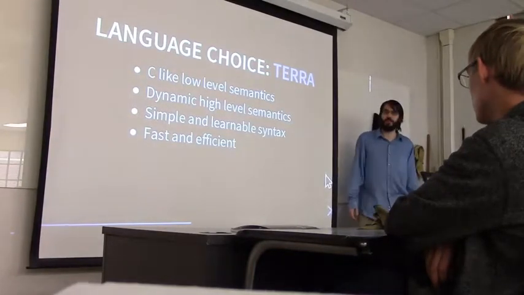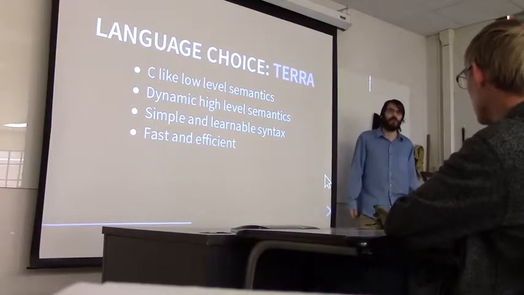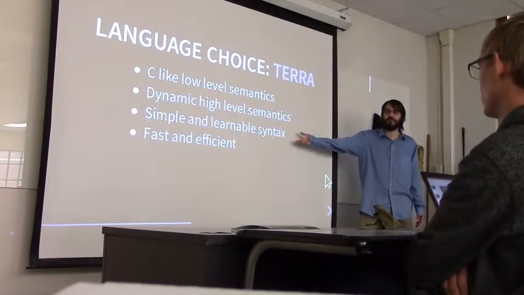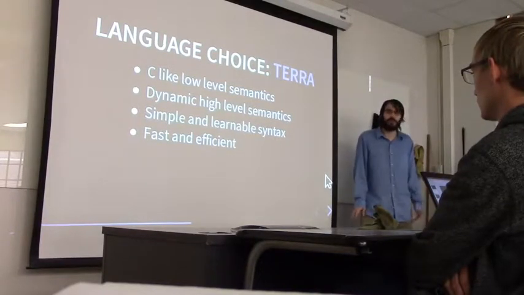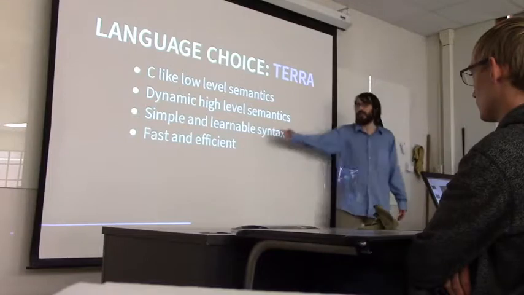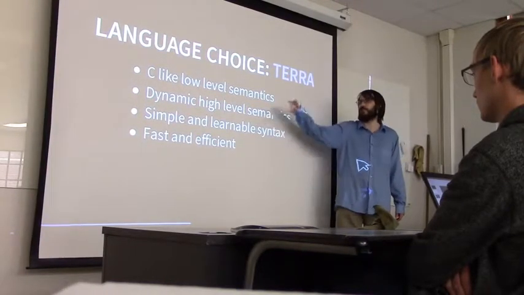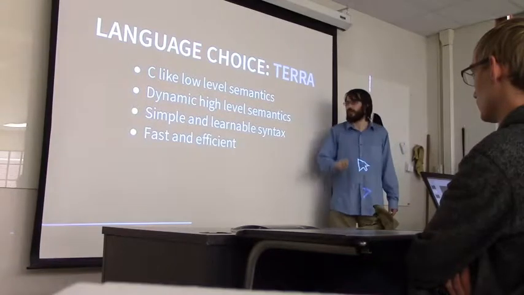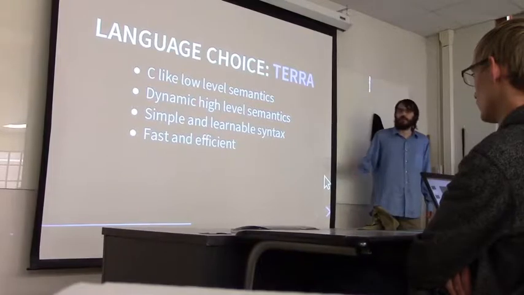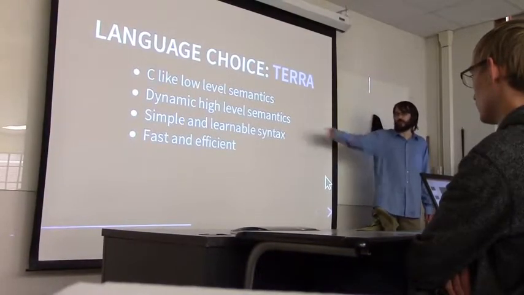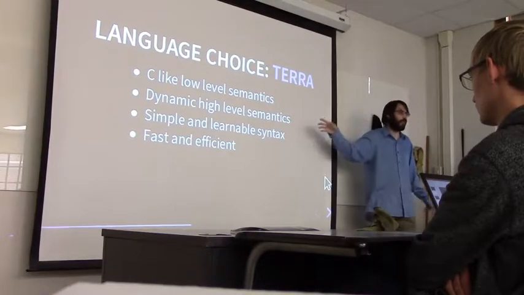It has a really quick and easy syntax. It should just make sense to you right off the bat, and the amount of syntax you'll need to learn to use it is small and fits on a fairly short web page. And it is fast and efficient. Both the high-level dynamic stuff and the low-level stuff are very fast, very efficient, and nice and easy to use. There are other languages, but I think Terra is the best choice for doing this right now.